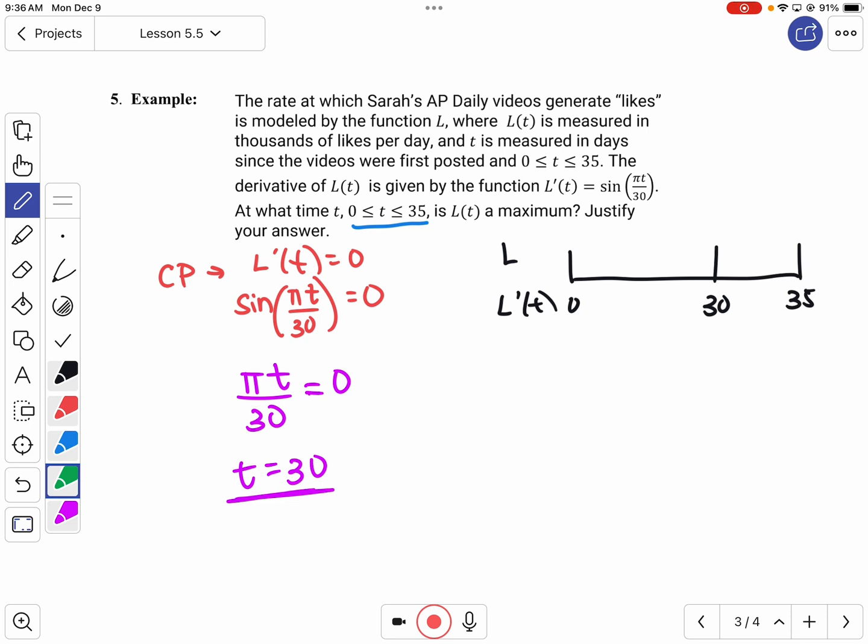It's 1/2 a pi. It's something I know. So if I pick t equal to 15, that's the sine of 15 pi over 30, or the sine of pi over 2. What's the sine at pi over 2? Positive or negative? It's 1. It's positive, so increasing.